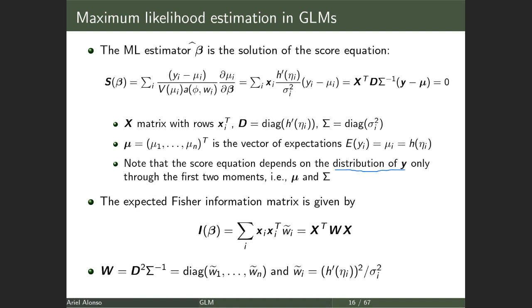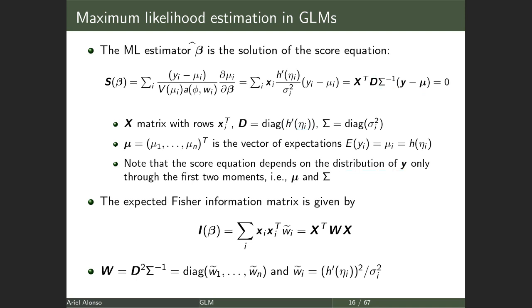Looking at this equation, the score function only depends on mu here, and sigma, the variance, here, and you also have mu here because this is essentially the derivative of the response function. So somehow you have the betas also here. But the score function only depends on the first two moments of the distribution, only on mu and the variance. That's it. No other characteristic of the distribution is necessary.